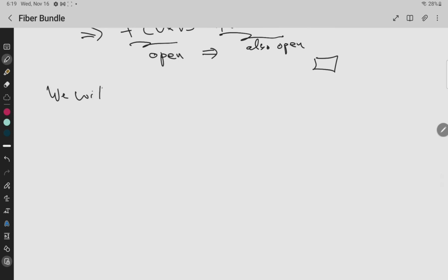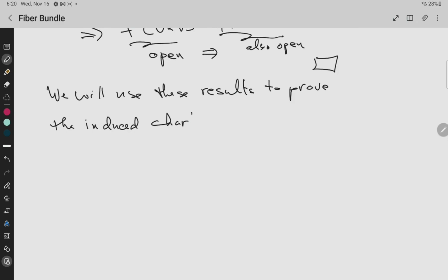Oh, yeah. We're going to use this to get the induced chart in generic fiber bundles, and then as an application, we're going to show the induced coordinates for the tangent bundle, which are the point and the velocity components.